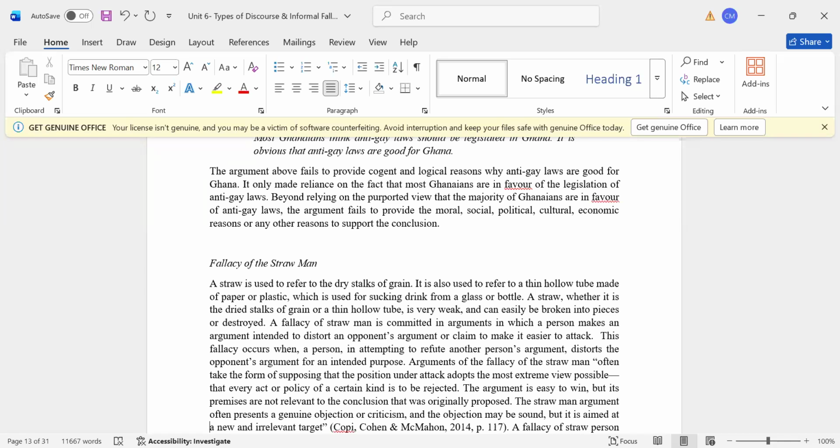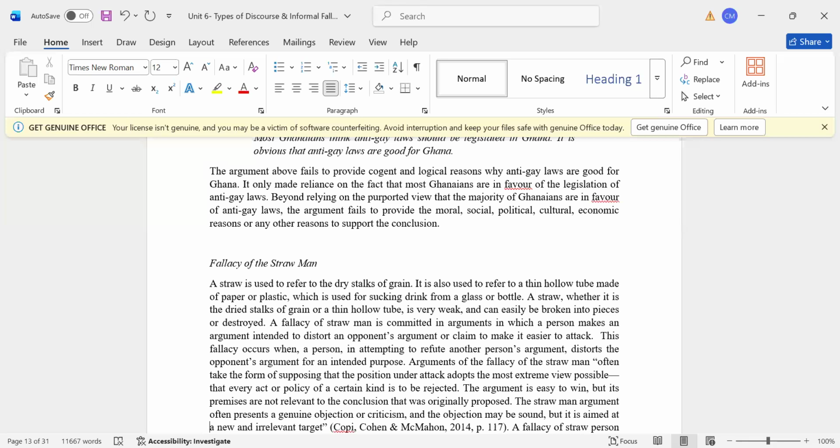The fallacy of the straw man is committed when a person analyzes an argument by shifting away from the relevant facts of the argument to focus on something small, tiny, weak about the argument to draw a conclusion.